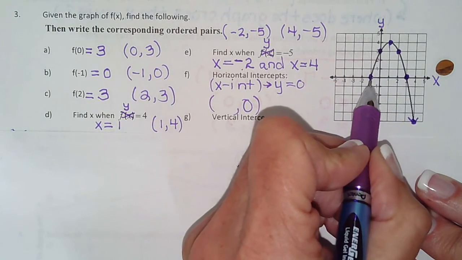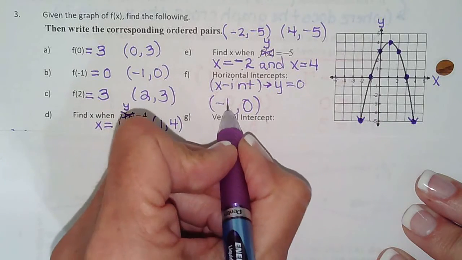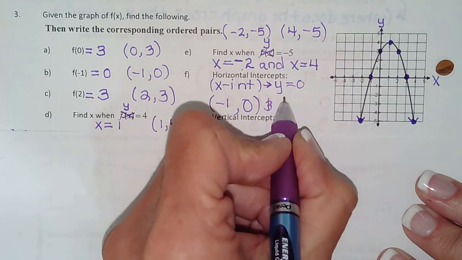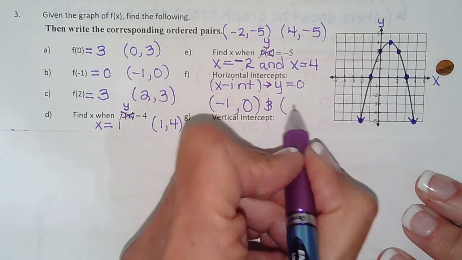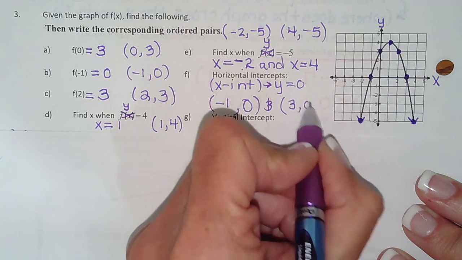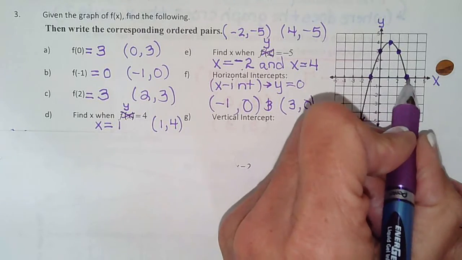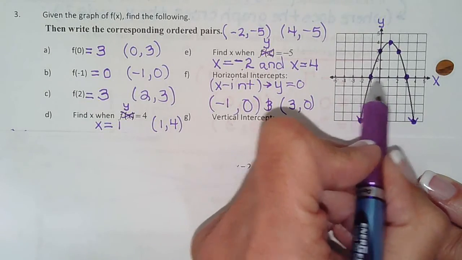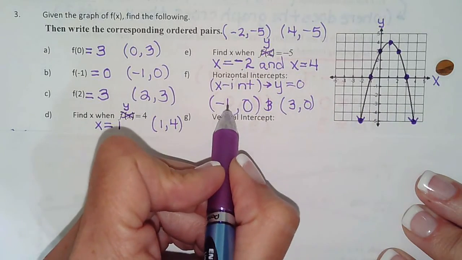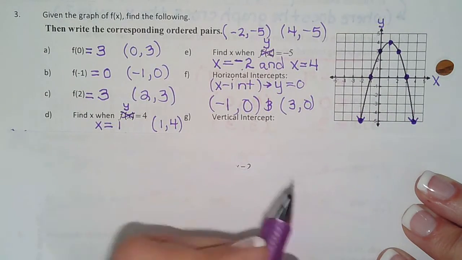The graph crosses here at -1, 0, but it also crosses here at, what is that, 3, 0? 1, 2, 3, 0, yes. So -1, 0 and 3, 0. They're both the x-intercept. So there's two of them.